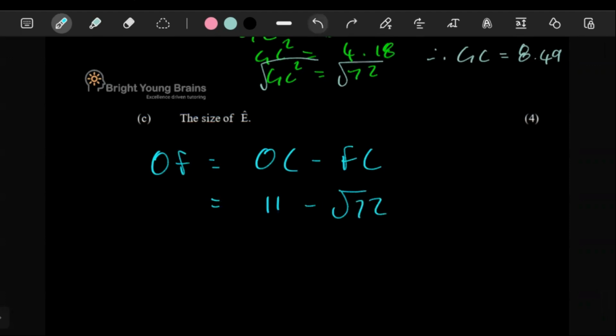Here you can actually just write it like this. You don't have to get a decimal or anything. But maybe before you write this, you could say that FC is equal to GC, which is equal to the square root of 72. I mean, this has all been proven already. So OF is equal to this number here.